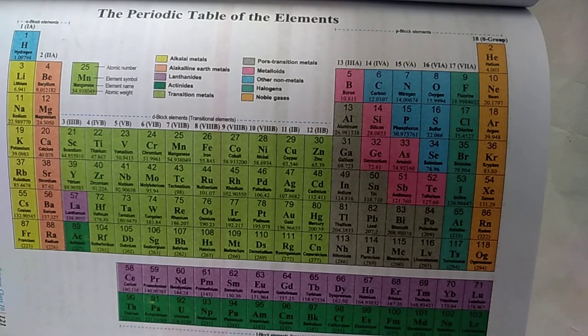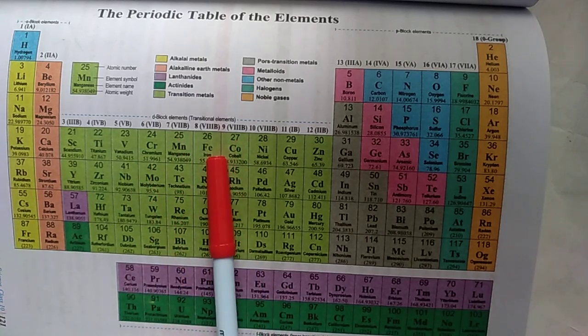That is why these are representative or normal elements, and they follow the rules of the periodic table. Whereas transition elements, this green color, D block, and F block elements are transition elements. These are actually inner transition. Their last electrons are being filled in the last subcell as well as the second last subcell. That is why they do not follow the rules of the periodic table at times.